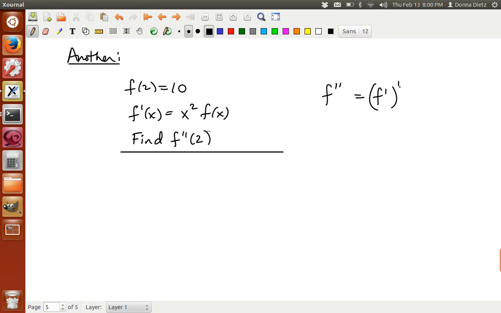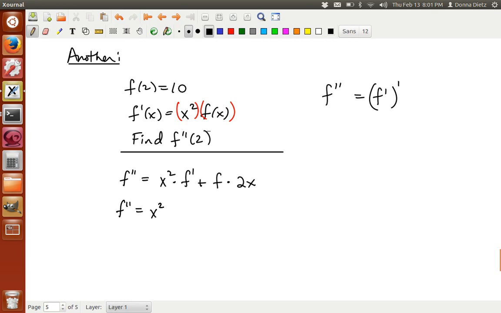Okay? So let's go ahead and take the derivative of x squared f of x. So this is the first piece, this is the second piece, so it's first times the derivative of the second, second times the derivative of the first. So f double prime is first times the derivative of the second plus the second times the derivative of the first. And you're like, okay, how does that work? Well, it's not that bad, right?